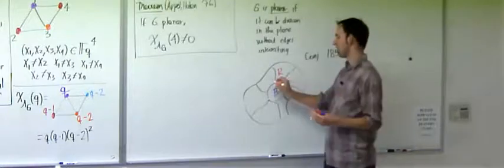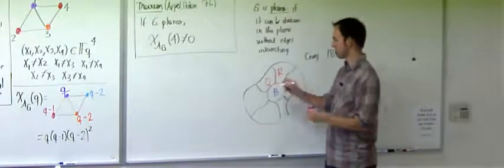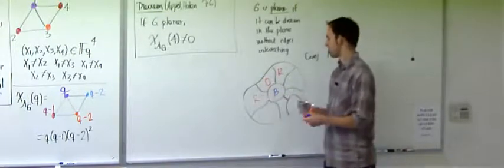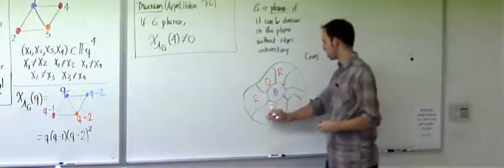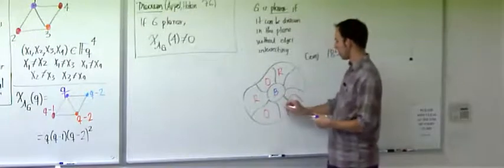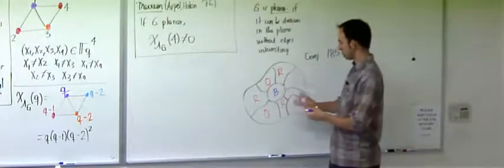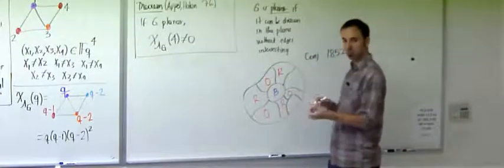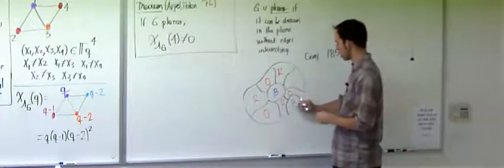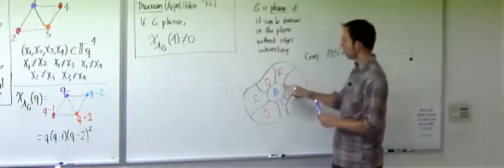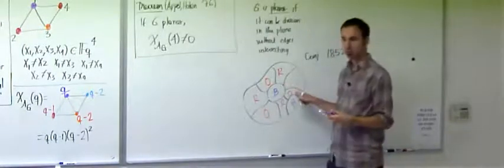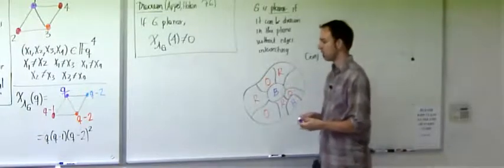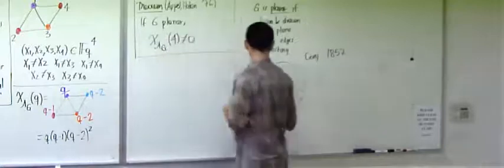This one has to be orange because it can't be blue or red. This one is red because it can't be blue or orange. This one can't be blue or red, so it's orange. This one can't be blue or orange, so it's red. This one can't be blue or red, so it's orange. This one can't be red or orange, so it's blue. But you get to this one, and it can't be blue, it can't be red, and it can't be orange. So I got stuck. I cannot do this with 3 colors. I need a 4th color, like purple.